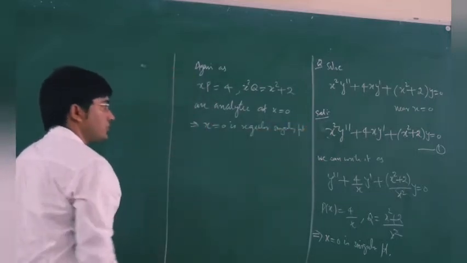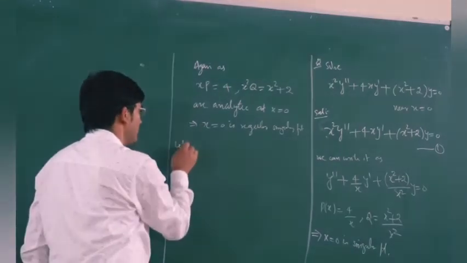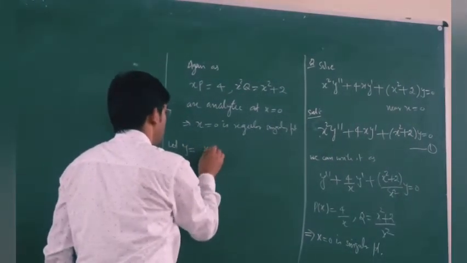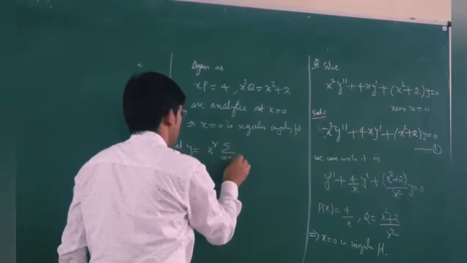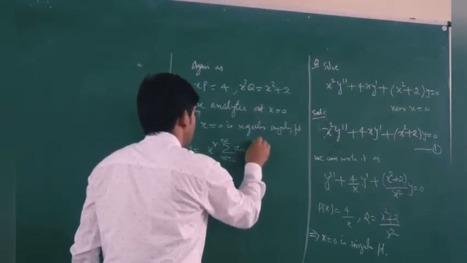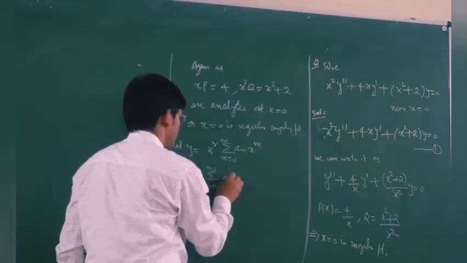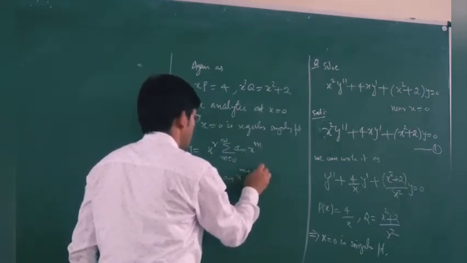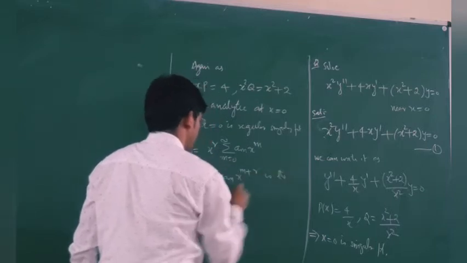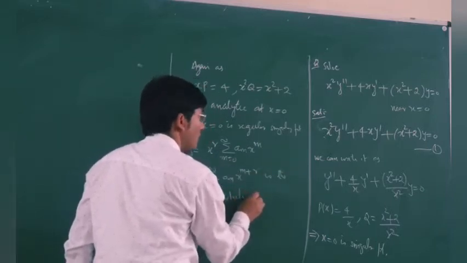Now if this is your regular singular point, then let y equal to x power r, summation m equal to 0 to infinity a_m x power m, be the solution of 1.